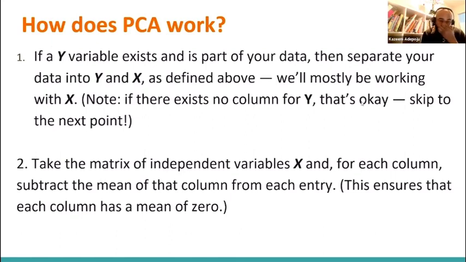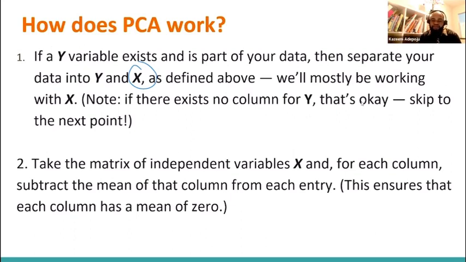Okay, now if a y variable exists, which is the response, and is part of your data, then we're going to separate the data into y and x. The x that I mean here is the explanatory variables, which may be 10 of them, 5 of them, and so on.